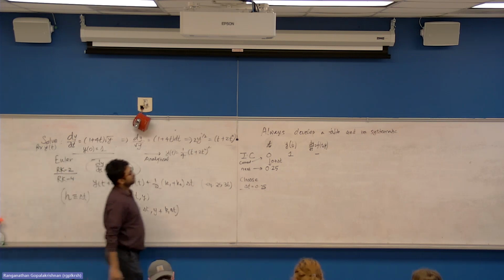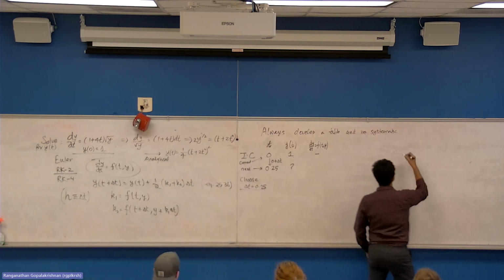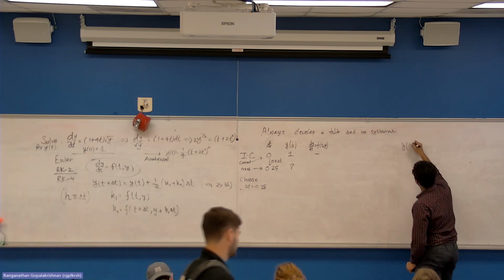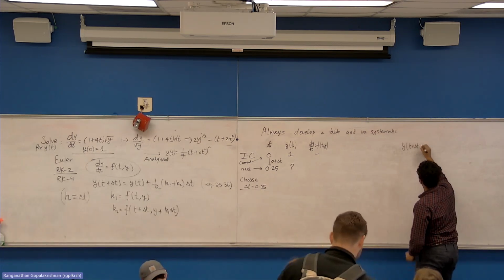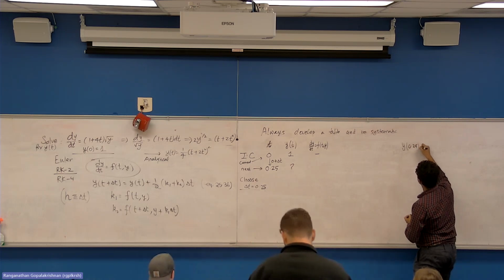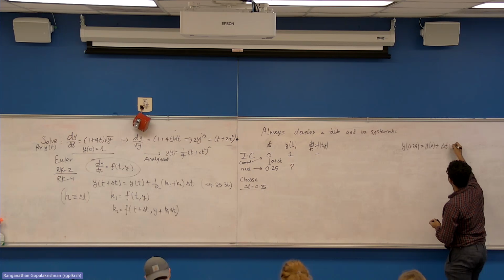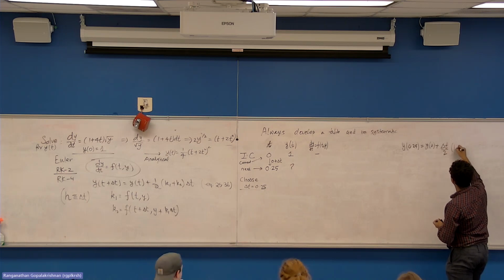Okay, then you are trying to compute y of t. That's the whole exercise, right? Y at t plus delta t, or I'll write y at 0.25, equal to y at 0 plus delta t divided by 2 times (k1 plus k2). This is your equation.